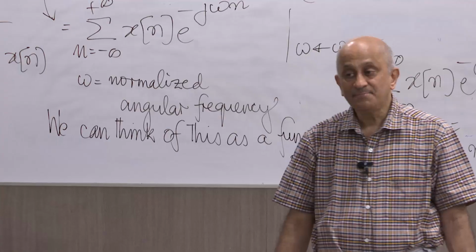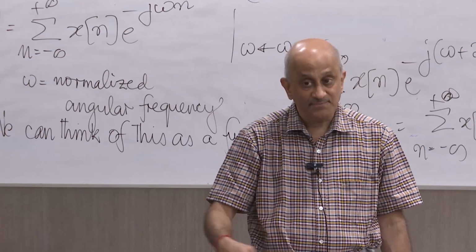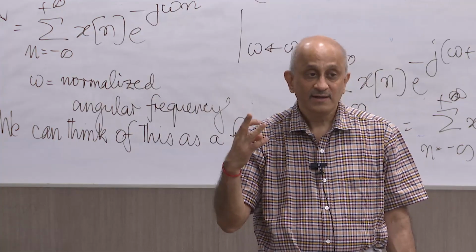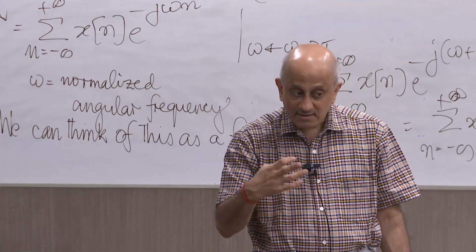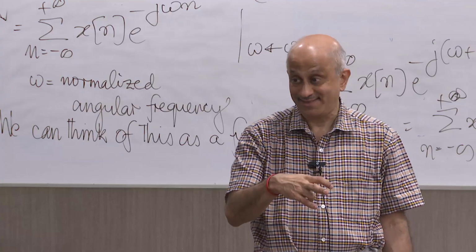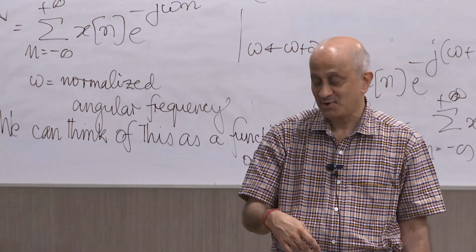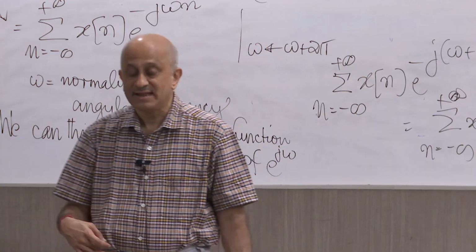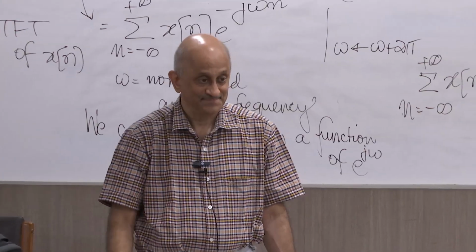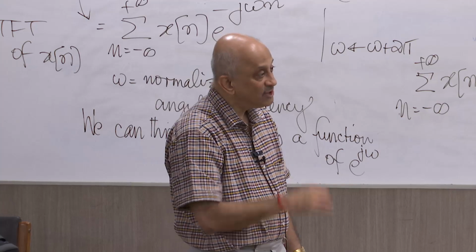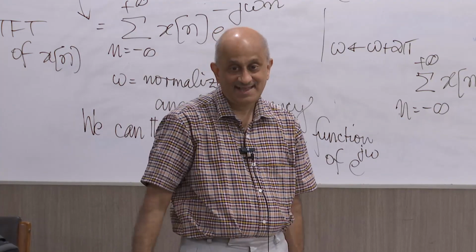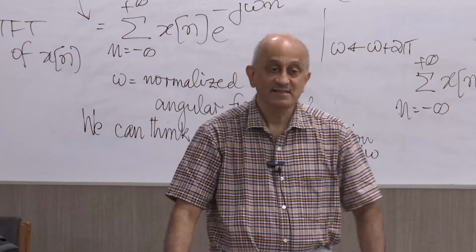That brings a periodicity on the actual angular frequency axis of the sampling angular frequency, 2 pi by Ts or 2 pi Fs. And on the normalized angular frequency axis, it brings a periodicity of 2 pi. All right. So this periodicity comes because of the process of sampling. The very process of sampling brings periodicity.